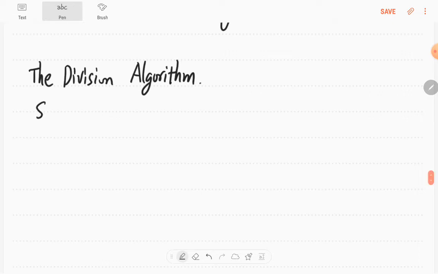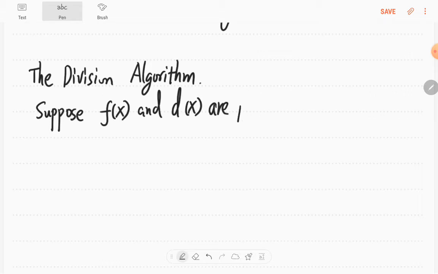So suppose f of x and d of x are polynomials such that d of x is not 0.